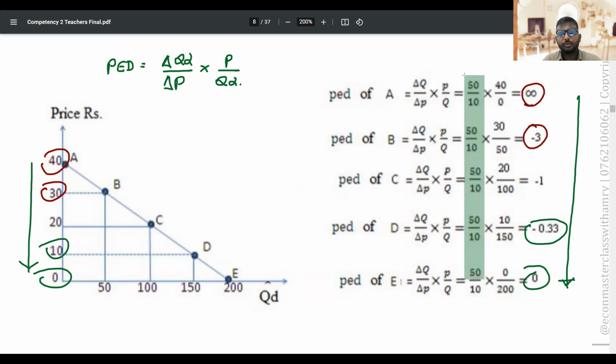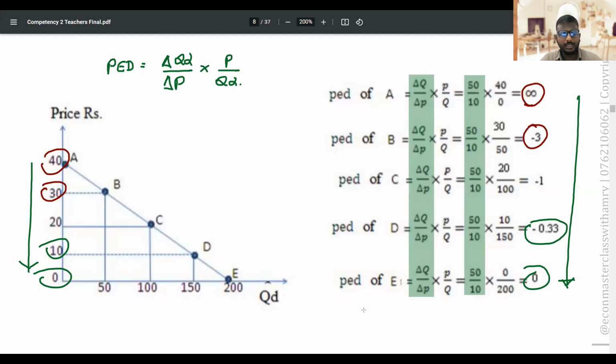The variance of the slope is always the same regardless of which point you take, because the demand curve in our syllabus is linear. So the change in QD over change in price part doesn't change for different points on the demand curve. It remains constant.